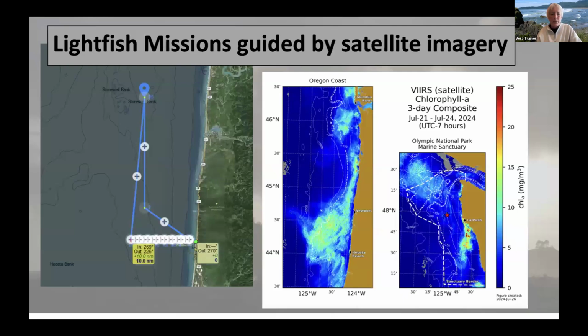Here's an example of a mission out of Newport, Oregon, that was guided by satellite imagery. You see in the center there, the imagery near Newport off the Oregon coast, showing Heceta Bank, and then the imagery in Washington on the right.